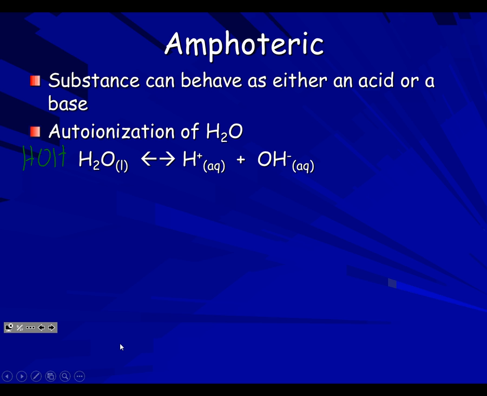Notice we also have an arrow going both directions, so that means we can write an equilibrium expression for this. Notice this time it's a Kw instead of a Ka, Kc, Kp, all the different Ks. And remember, we always leave out our solids and our liquids, so that's why you don't see water appearing in this particular equilibrium expression.